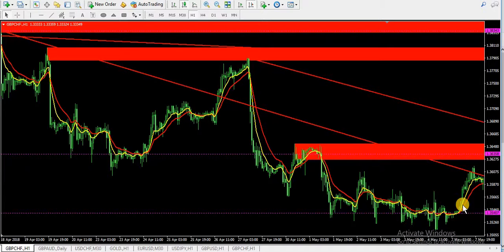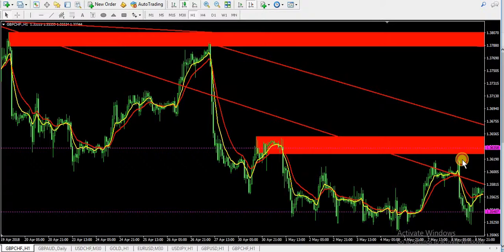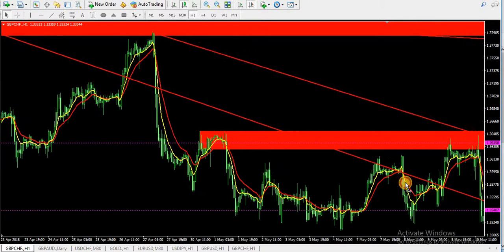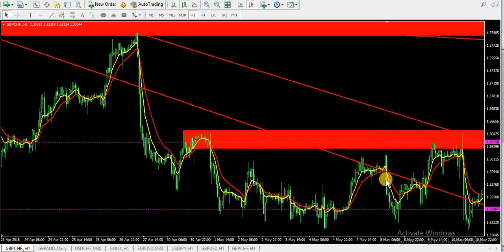You'll probably be entering here and just getting out over here, because the momentum of the market is down. That is just a small retracement. You see, as I was saying, the momentum is down. It may have retracements, but the momentum is down.